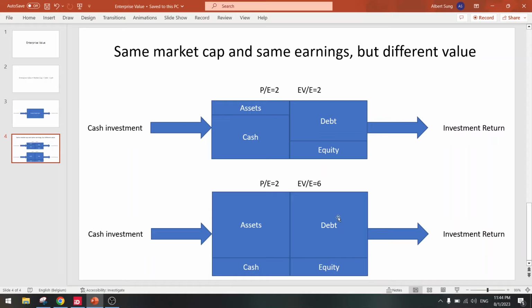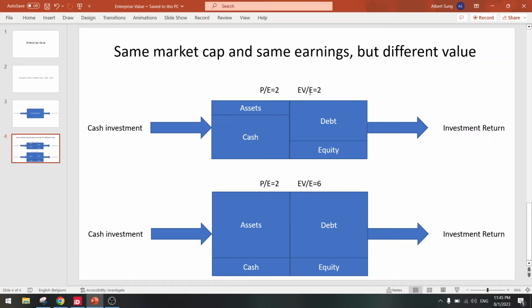This company has much more debt and less cash. So what is the enterprise value in this case? Same market cap, right? Plus the debt, which is much higher, minus the cash. So the enterprise value here is 6 to earnings.